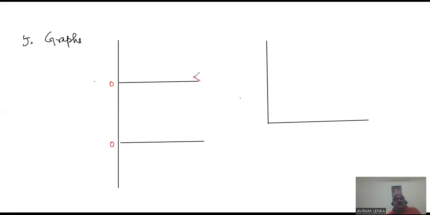If I take temperature on the x-axis and pressure on the y-axis, the PT graph, temperature is constant, so thereby the graph will be like this.